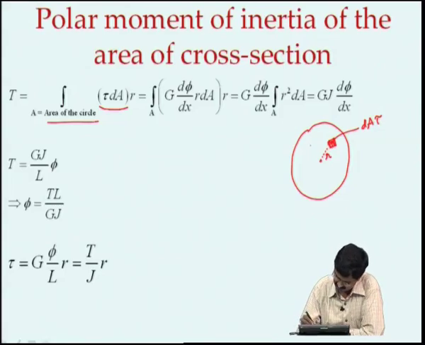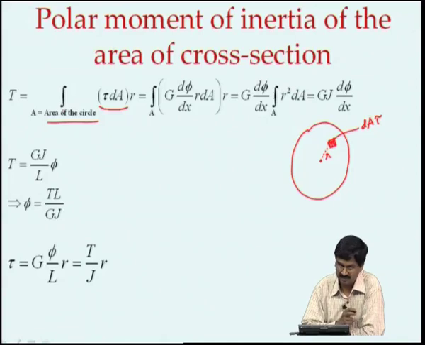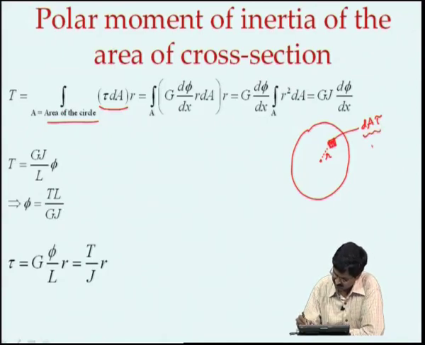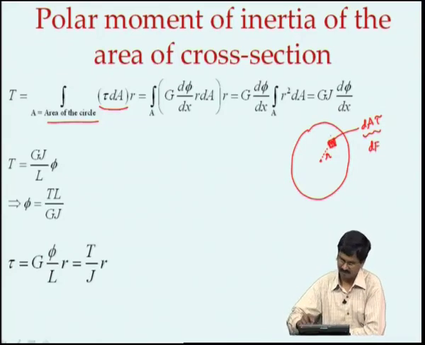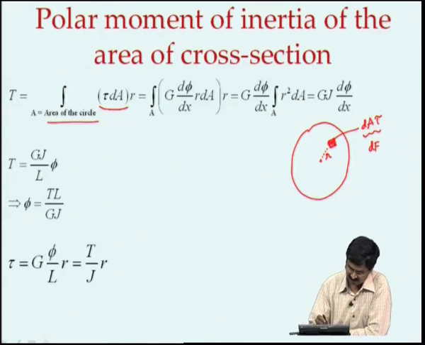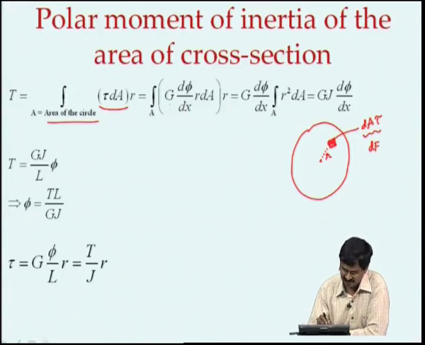So, we take a piece anywhere and try to fill it, that is what integration means, to get the total torque due to the force. This is the dF that acts parallel to that surface, we integrate over the entire thing, and when we do that we substitute for tau which we just derived, G times d phi by dx times r, and then we have dA now and then r.